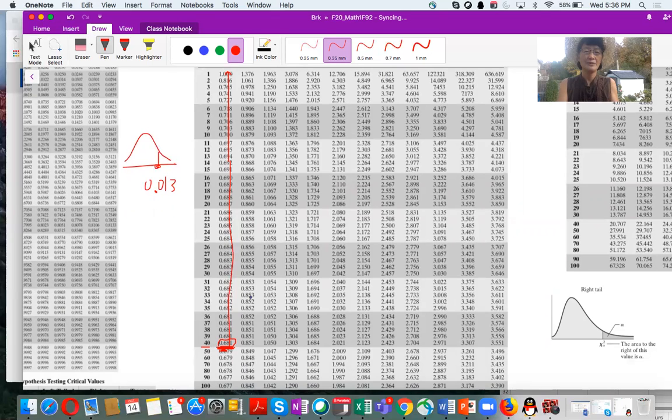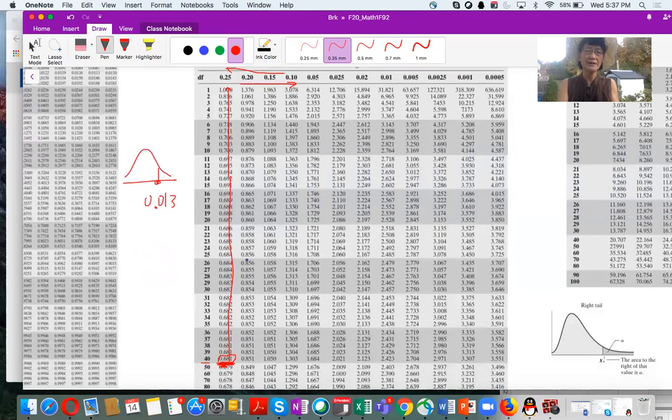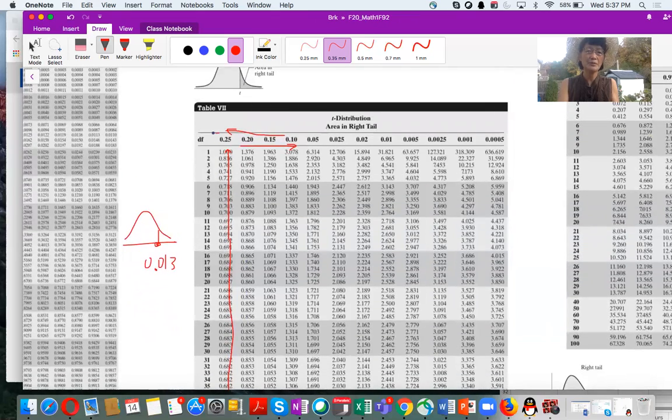Okay, that means when you look up here, those are the areas corresponding to the T value. The area goes down from this direction, and from this direction it goes up. And your number is smaller than this number. So if you go up, this area must be greater than 0.25.